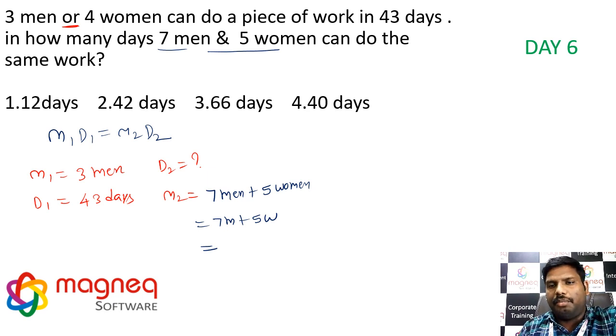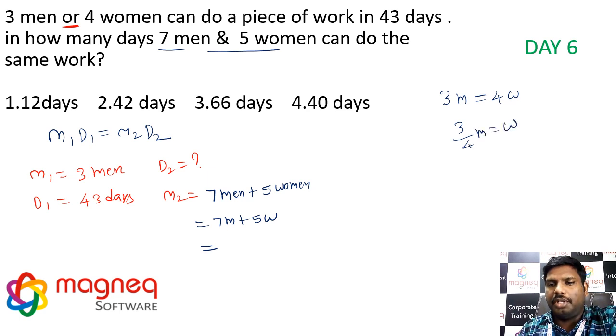Given information, 3 men or 4 women, so 3 men can do the work of 4 women. From this, 1 woman equals 3 by 4 men.